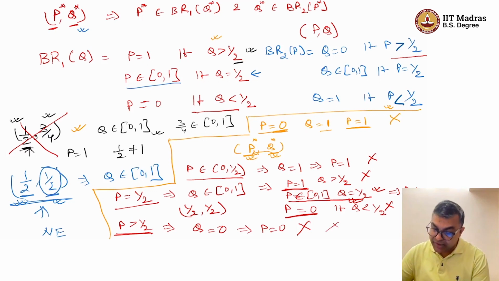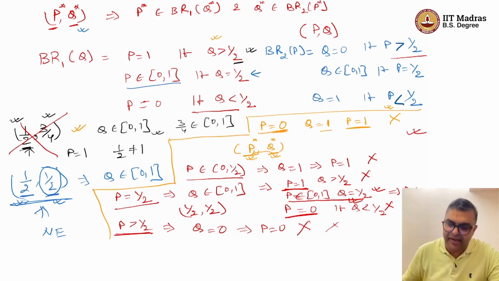So we checked with this technique that there is only one Nash equilibrium in which player 1 mixes with probability half for H and half for T, and player 2 mixes with probability half for H and half for T. That's how we are able to obtain the Nash equilibrium.